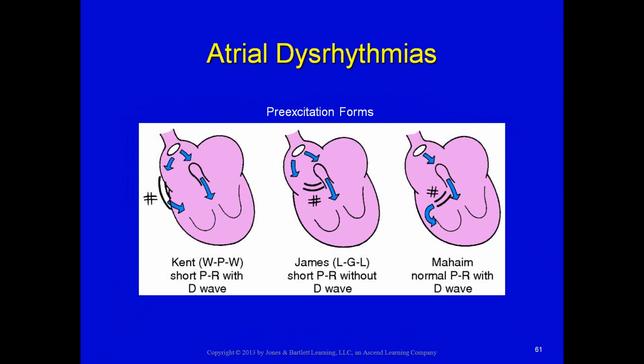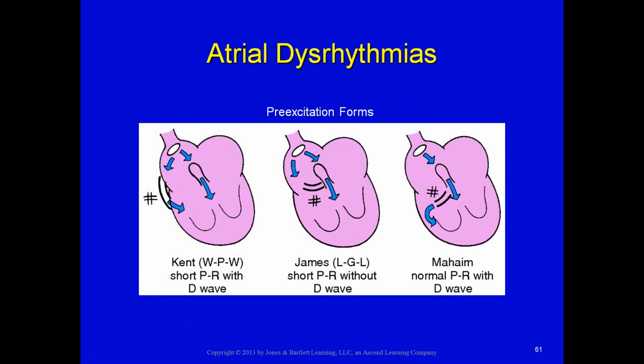It travels through an isolated bundle called the bundle of Kent. The PR interval is essentially non-existent because it goes right from the SA node through the bundle of Kent and into the ventricles. So what you'll see is a delta wave.